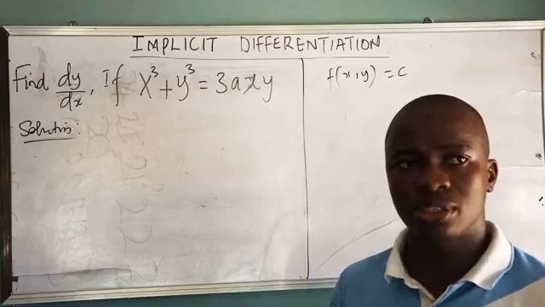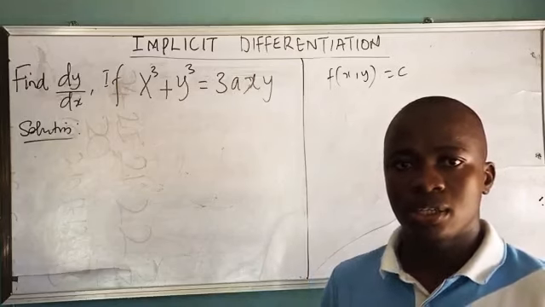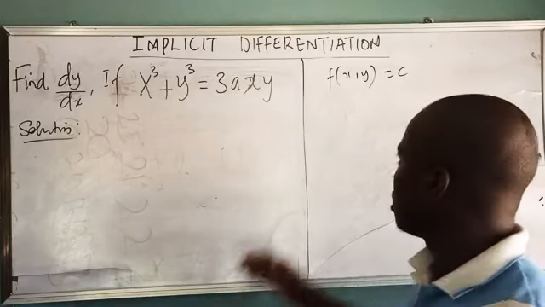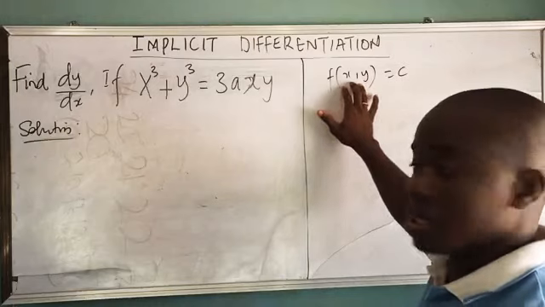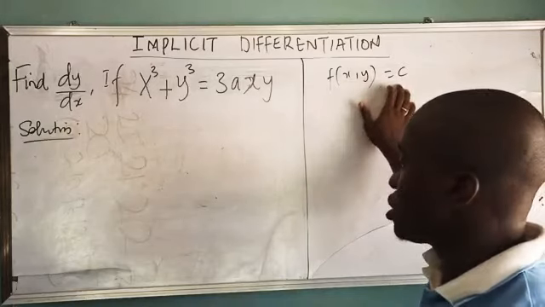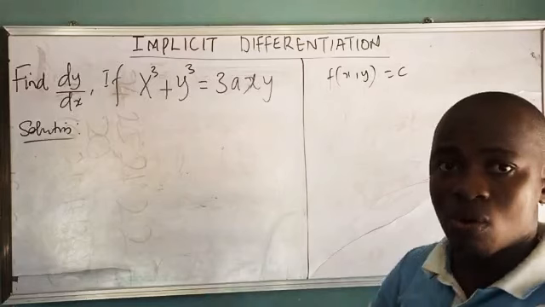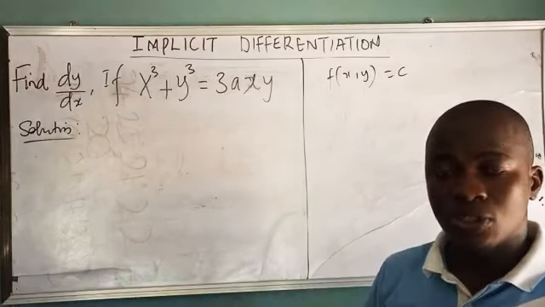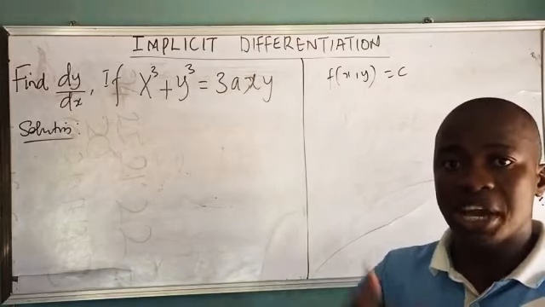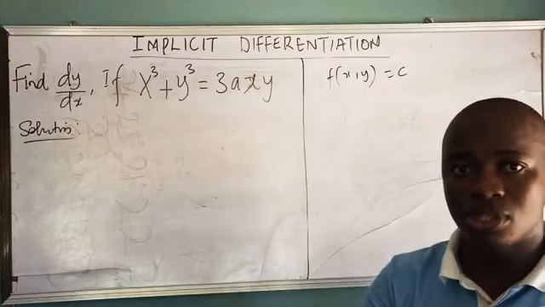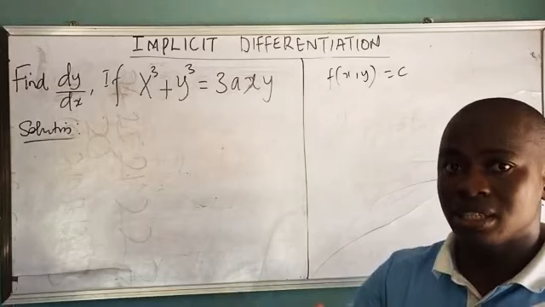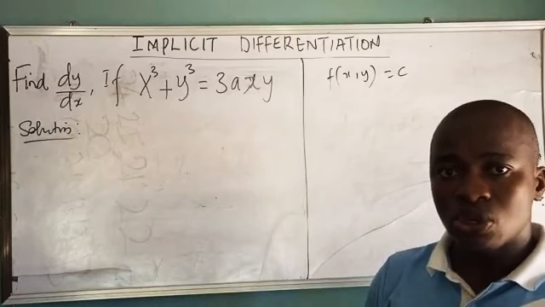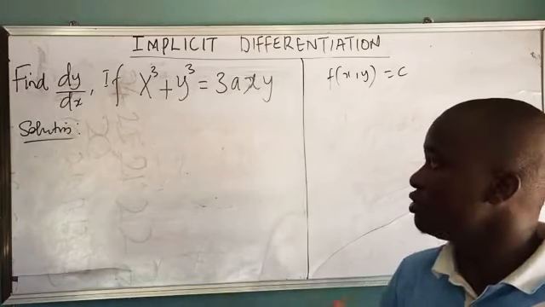It's a situation whereby your variables x and y are mixed up, like this: f(x, y) = c, where y cannot be expressed in terms of x, where y is not a function of the variable x.